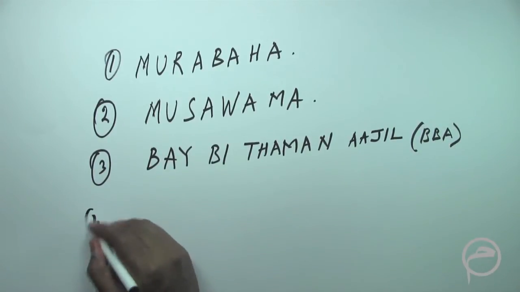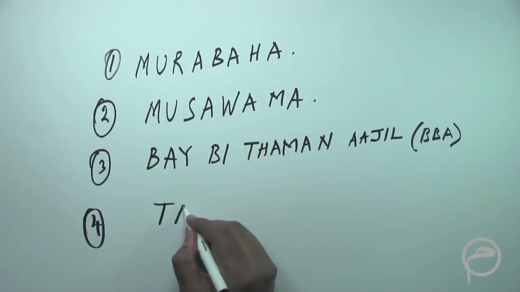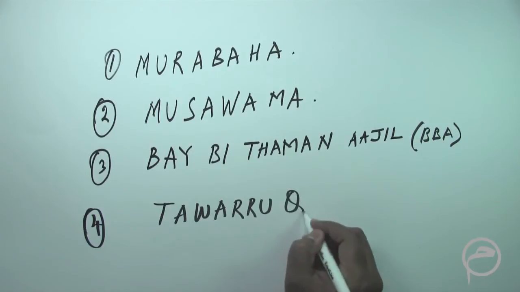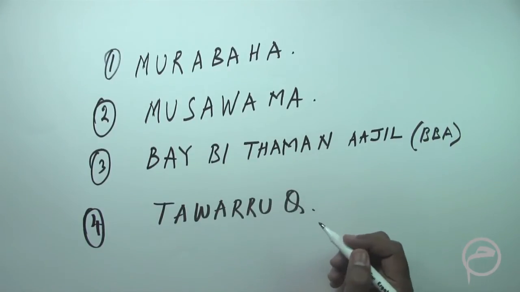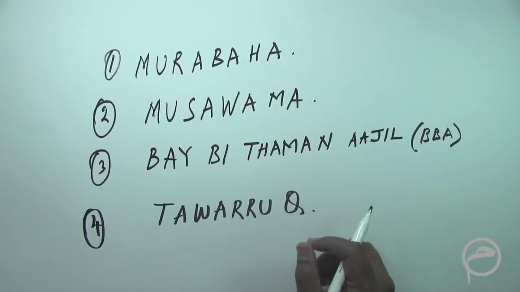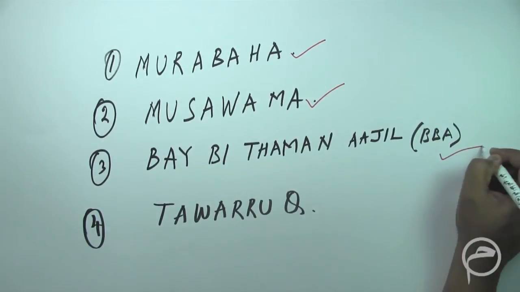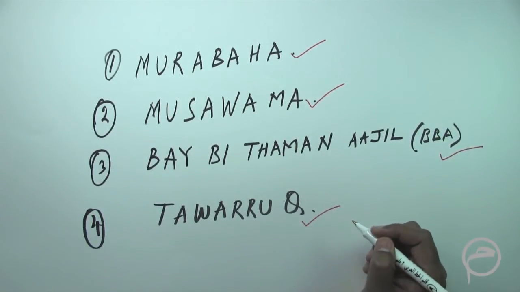The fourth is Tawarruq. So these are some of the structures which we will cover: Murabaha, Musawama, Bai' Thaman Ajal and Tawarruq.